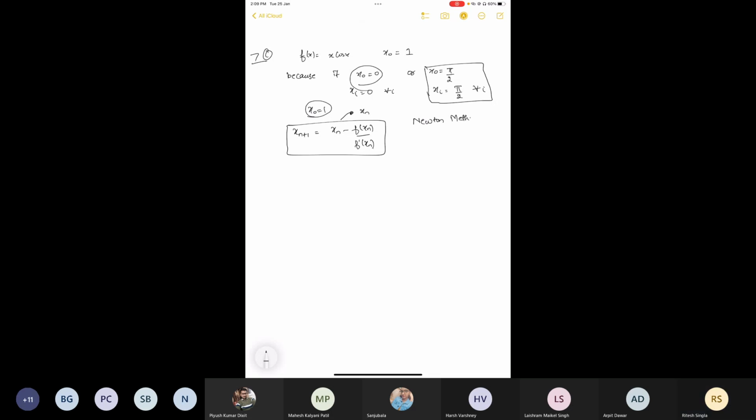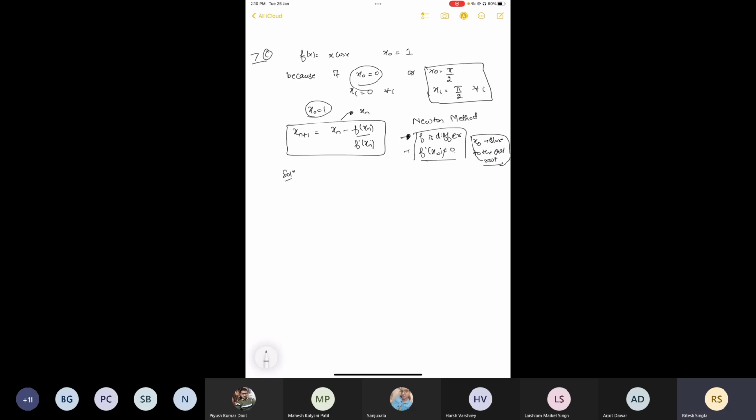Tell me what are those. f should be differentiable and f dash x not equal to 0 at that point. Right, f dash of x naught should not be equal to 0. Also, they are asking us to find the solution and x naught should be close to the exact root. We take these two so that we can get our convergence faster, right?